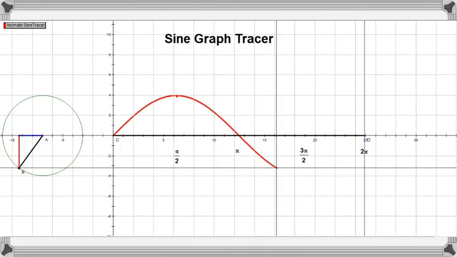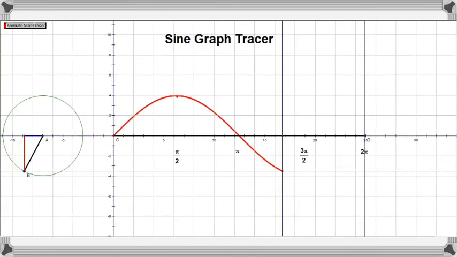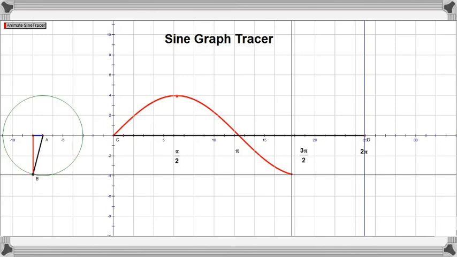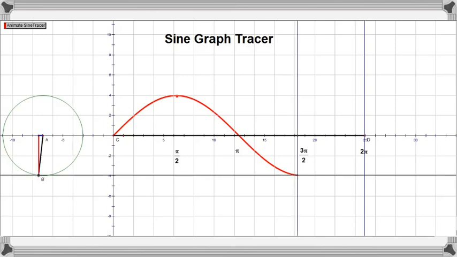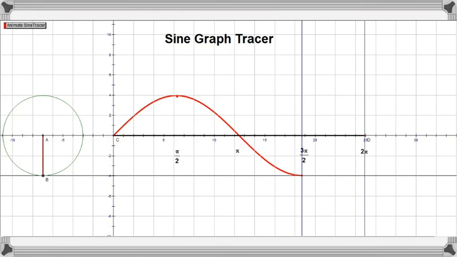And there it goes. You get the idea? And we're approaching the maximum value in the negative now, as that red vertical line in the unit circle approaches the length of the black hypotenuse. There we go, almost there, we're there. Okay? And that's the minimum value of the sine function, which is -1.